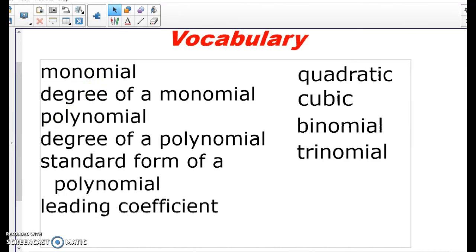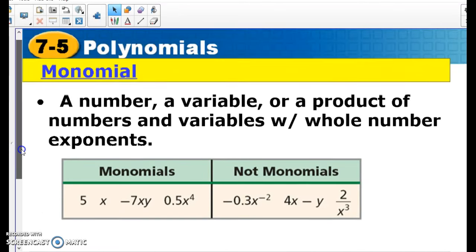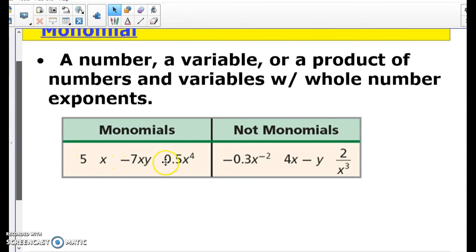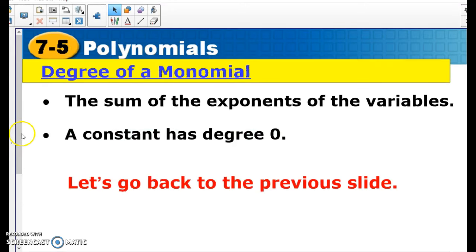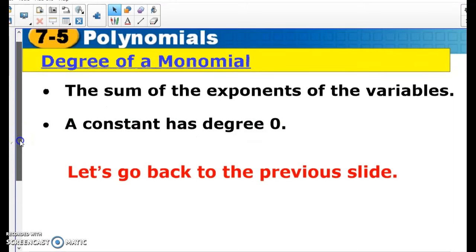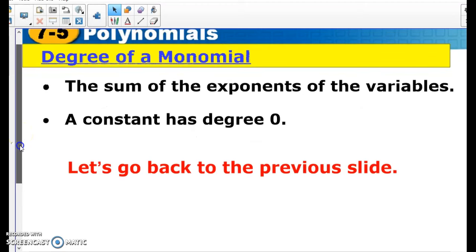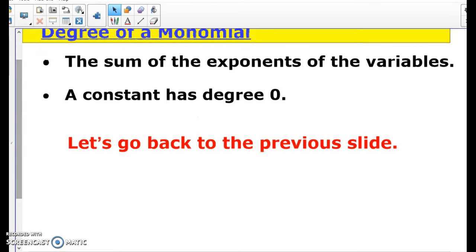And we'll go through some of these other ones as we go. So, like I said, those are my monomials, and they have to be whole numbers. So things like this are not monomials. Okay. Degree of a monomial is the sum of the exponents of the variables. So you're basically just looking at the sum of the biggest exponent, basically.